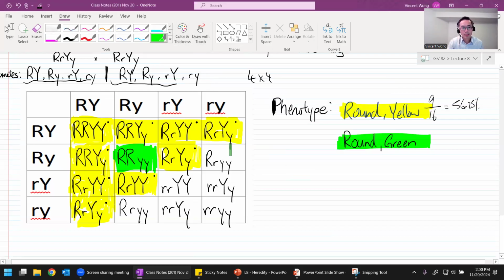All right, there is another round and green here. Green is little y, little y. Round is at least one big R. So these are round and green, which means it is 3 over 16. And according to my calculator, it is 18.75%.